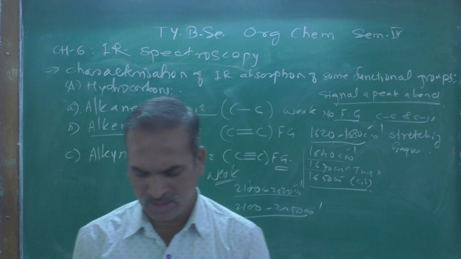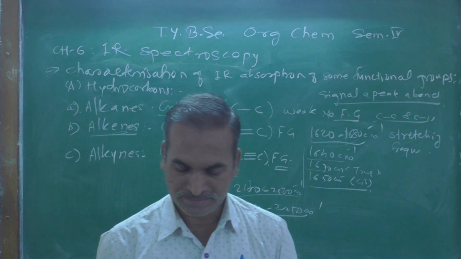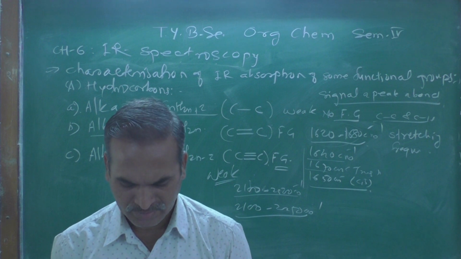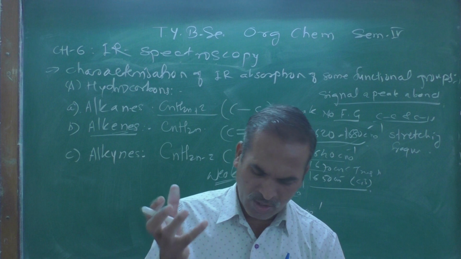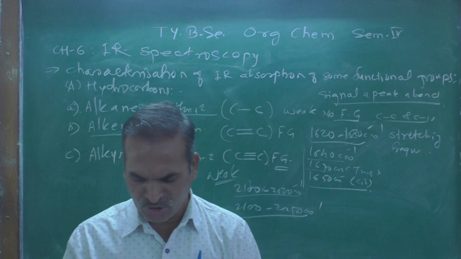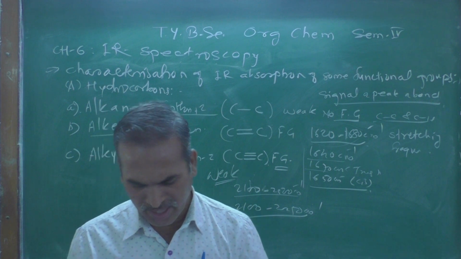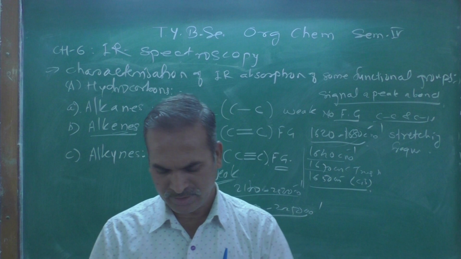A very weak signal is observed due to the presence of the carbon-carbon triple bond. Because of symmetry, no carbon-carbon triple bond band is observed in the IR spectra for acetylene and other symmetrical alkynes.